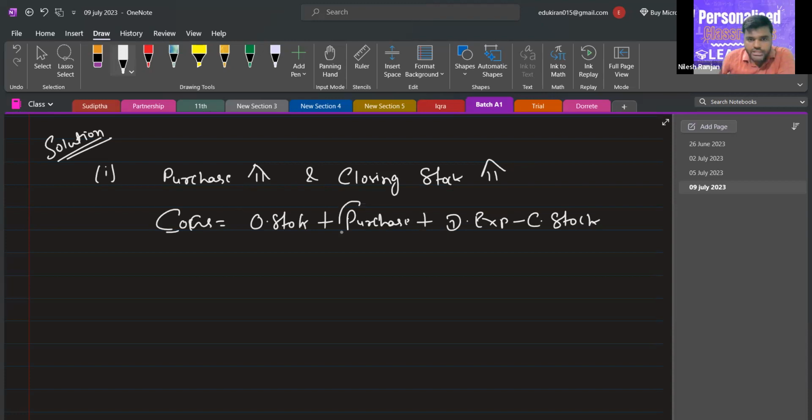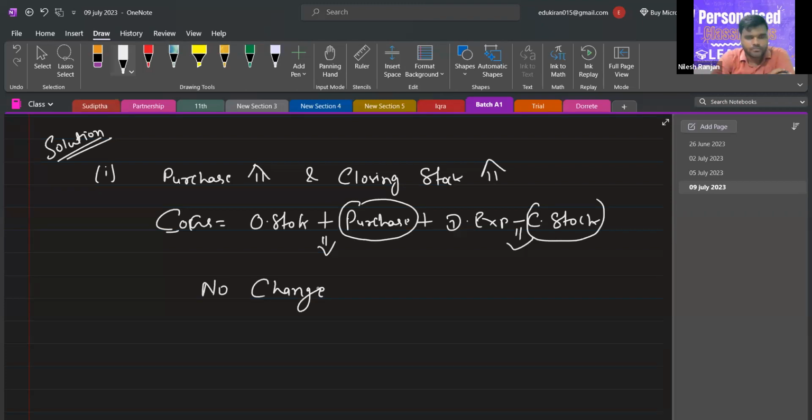So purchase is increasing and closing stock is increasing, and this is negative, minus, and this is plus. So the same amount is increasing and the same amount is decreasing. So there will be no impact on cost of goods sold. Yes. Yes, sir. So no change. Is this clear?